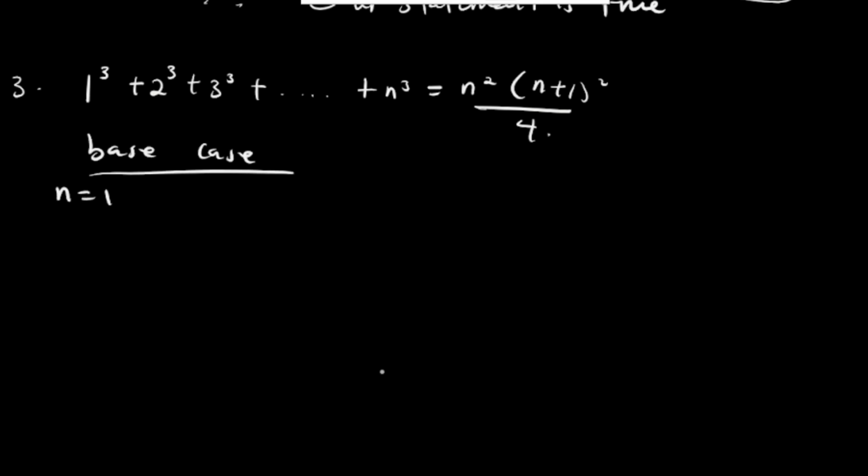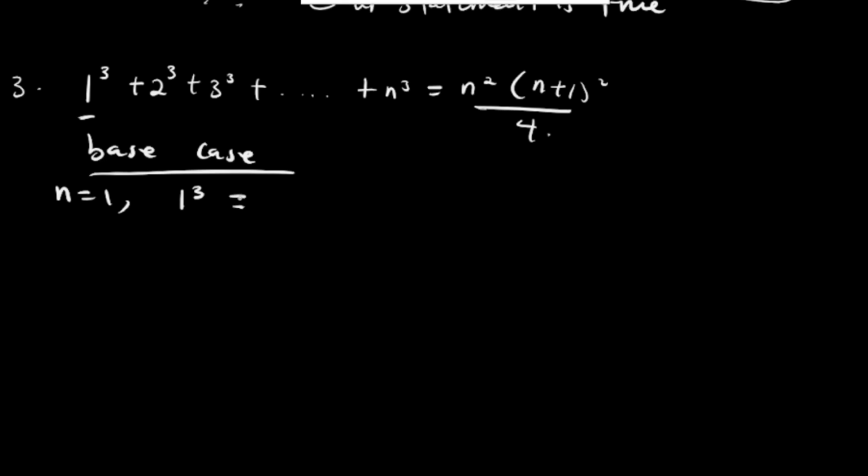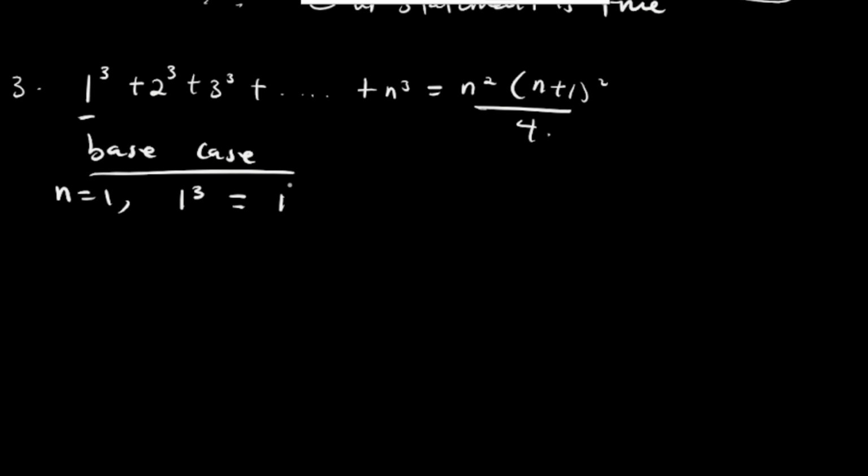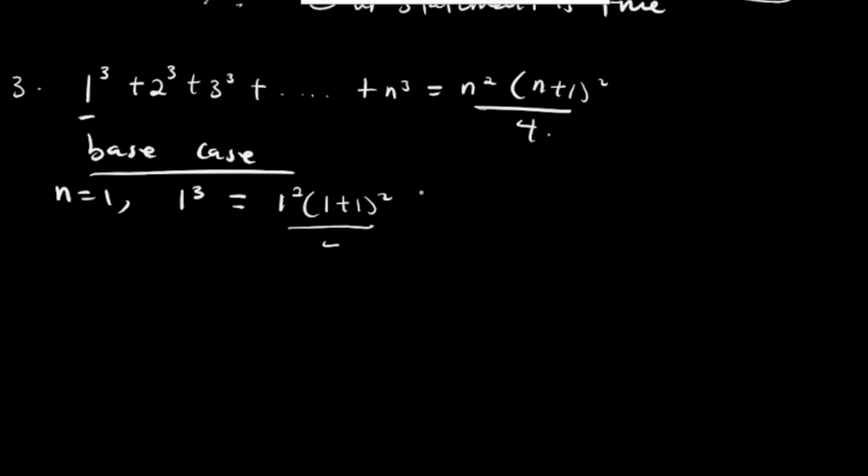So when n is equal to 1, you have the sum of the first term. Don't forget, in the series, we tackle the sum of the first, sum of the second, sum of the third, not this side. So we are going to have 1 cube, that is this one, should be equal to this side. So I'll put 1 here. So I'll get 1 squared here, 1 plus 1 all squared, everything out of 4.